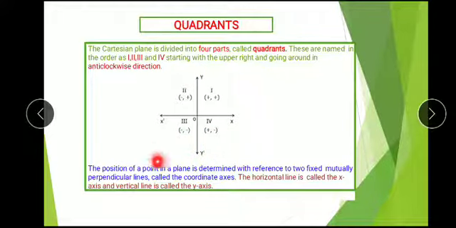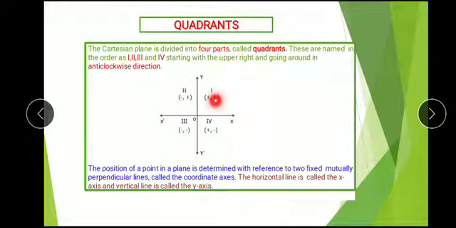So a graphical plane, or we can say a Cartesian plane, has 4 quadrants: 1, 2, 3 and 4. The position of a point in a plane is determined with reference to two fixed mutually perpendicular lines called coordinate axes. So the points which we are going to plot will be among these four quadrants.